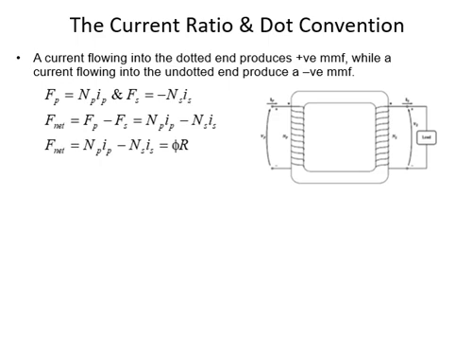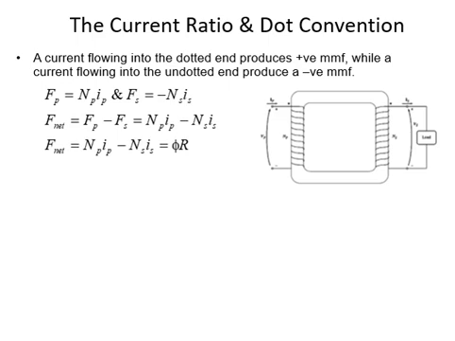So we say that F of p on the primary side is Np Ip, and on the secondary side it is minus Ns Is. Similarly, the net MMF would be F of p minus F of s, which would become NpIp minus NsIs.